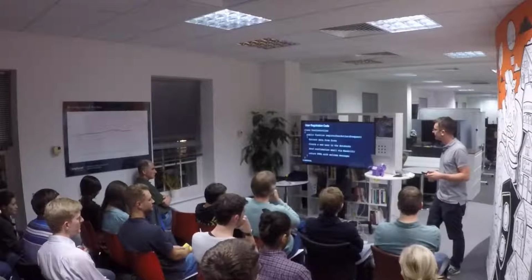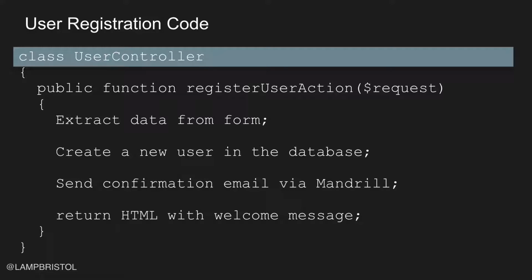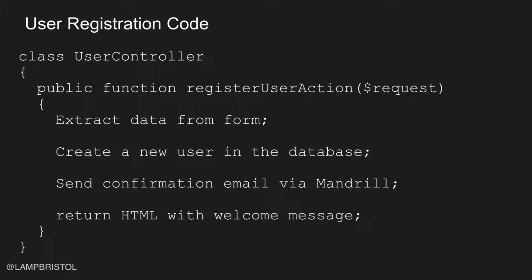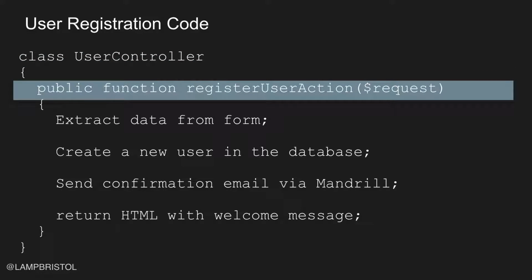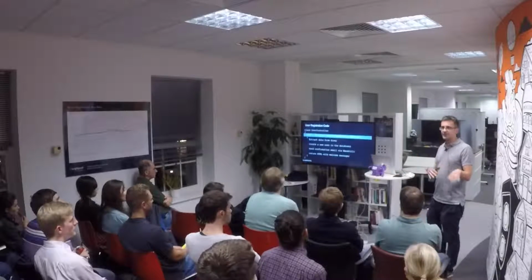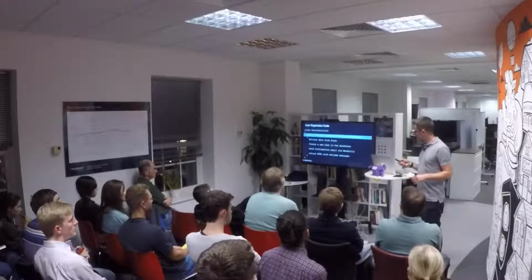So let's look at some code. This is a user controller, and we're going to look at a function for registering a new user. So we're going to assume that there was a form, some HTML, people typed in details for the new user, and it gets routed through to this controller.